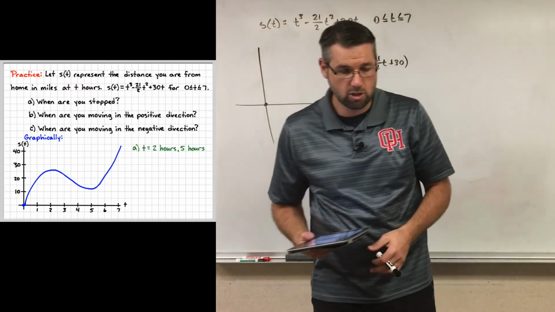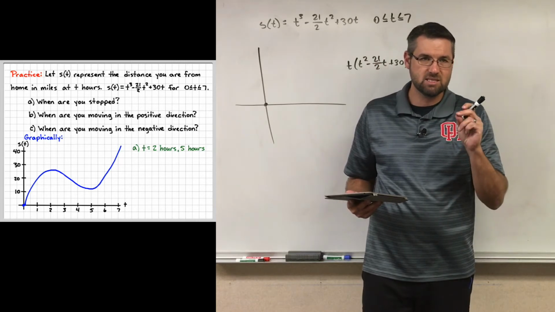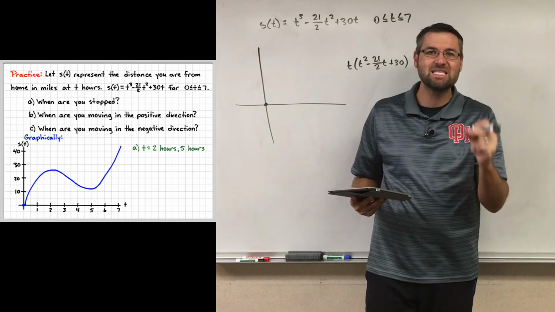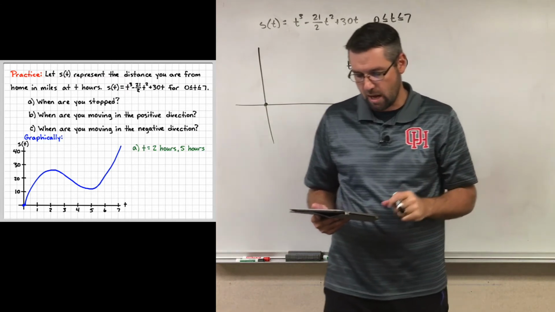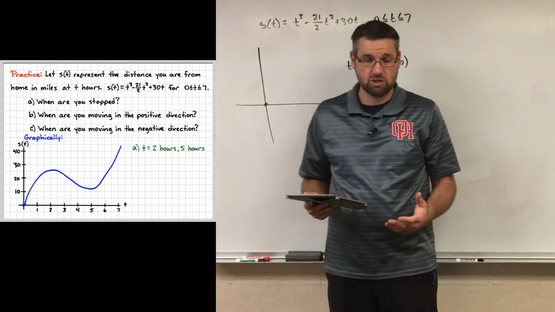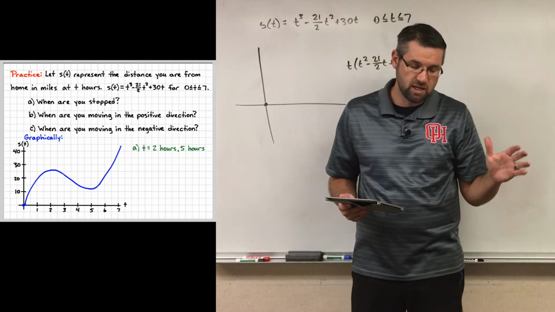Now, some people might argue, well, you're not actually stopped because you turn around and went the other way. But we did stop for basically a split second, or not even a second, but an instantaneous point in time. We stopped. Okay? For B, it says, when are we moving in the positive direction? So when are we moving to the right, or moving north, or whatever positive is defined to be?